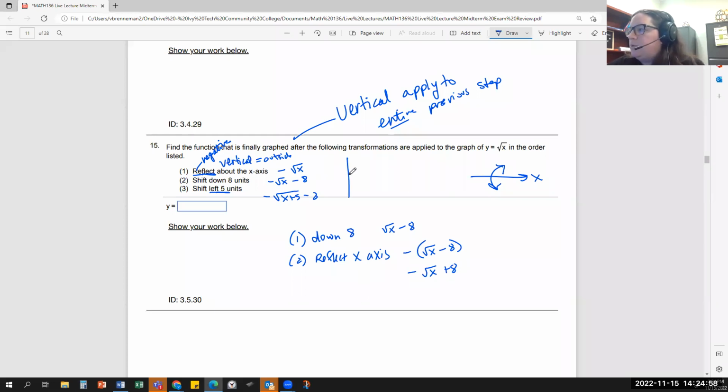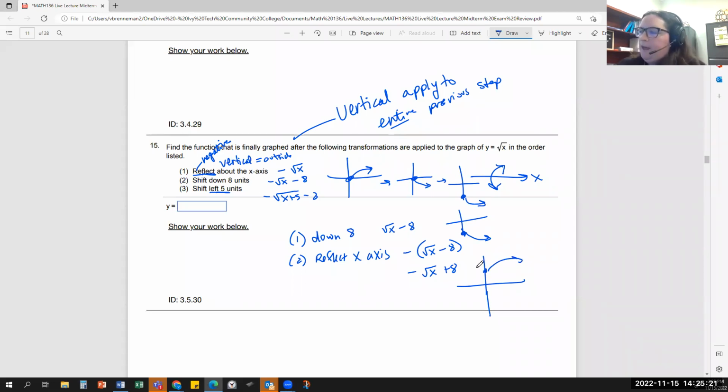So it's the difference between taking your square root graph, reflecting it, and then shifting it down, versus if I take the square root graph and first shift it down, and then reflect that shifted graph about the x-axis. Now it's changed that shift down to a shift up. So watch out for that.